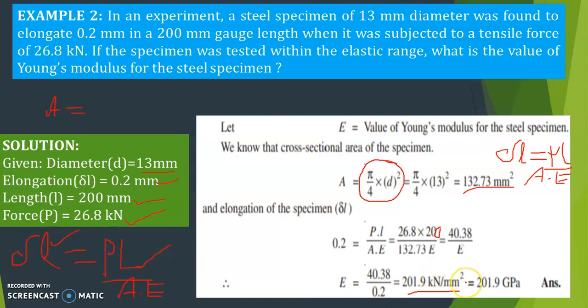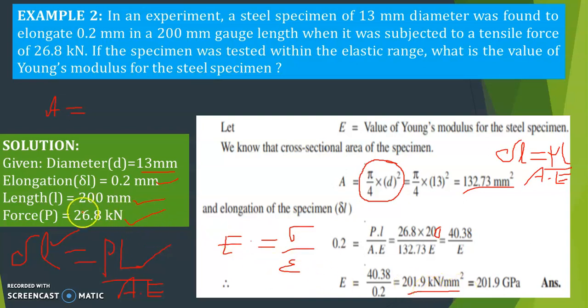Now the unit of Young's modulus. Young's modulus is nothing but stress divided by strain, right? Stress unit is Newton per millimeter square, and strain doesn't have any unit, so Young's modulus is Newton per millimeter square or kilonewton per millimeter square.